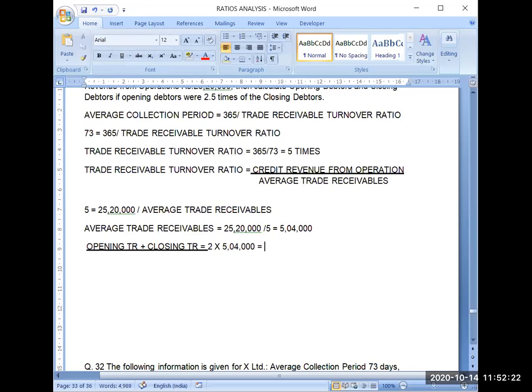So that's why it will become 10 lakh 8,000. So this is an equation which I got. Opening trade receivable plus closing trade receivable is equal to 10 lakh 8,000.